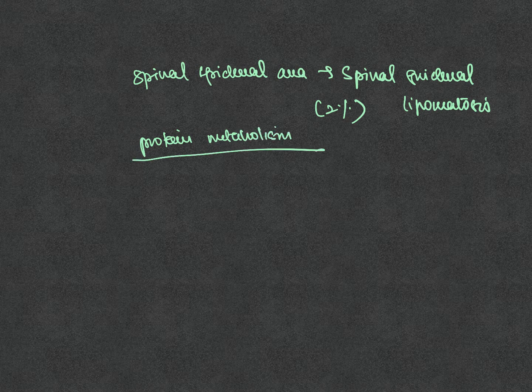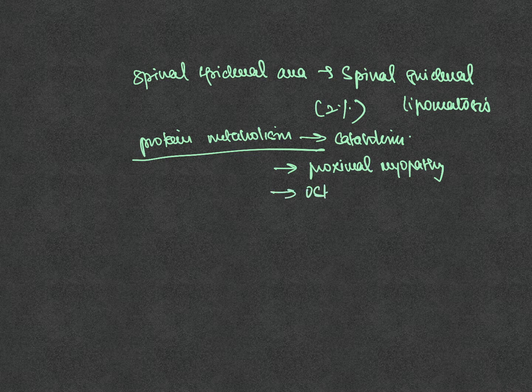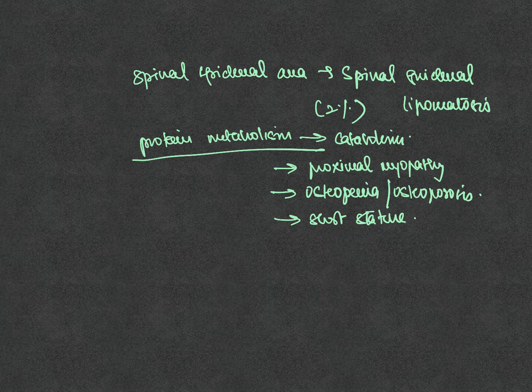So there is going to be protein metabolism, mainly catabolism, causing muscles to break down, proximal myopathy. Okay. Then there is going to be osteopenia, osteoporosis, short stature, that is low linear growth velocity.